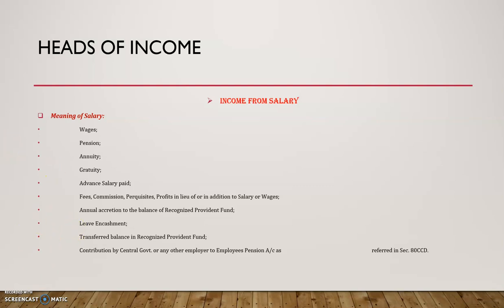The definition mentions the meaning of salary as wages, pension, annuity, gratuity, advance salary paid, fees, commission, perquisites, profits in lieu of or in addition to salary or wages, annual accretion to the balance of recognized provident fund, leave encashment, transferred balance in recognized provident fund, contribution by central government or any other employer to the employee's pension is known as salary.